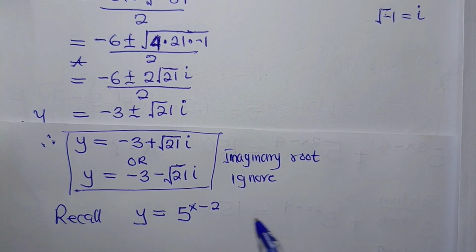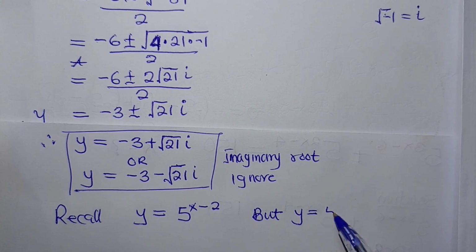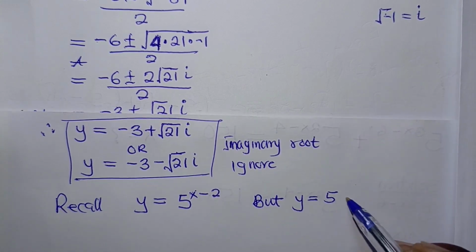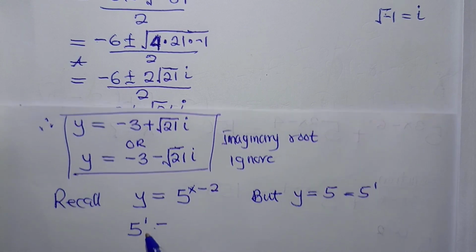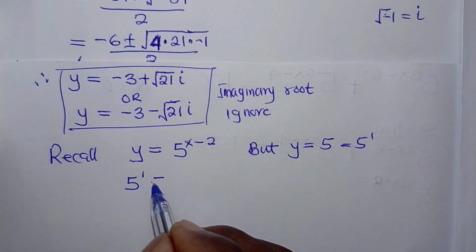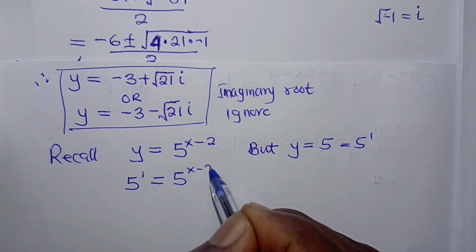That was the value of y. But our y is equals to 5. So this is the same as 5 to the power 1. So it means that we can write this one as 5 to the power 1 equals to 5 raised to the power x minus 2.